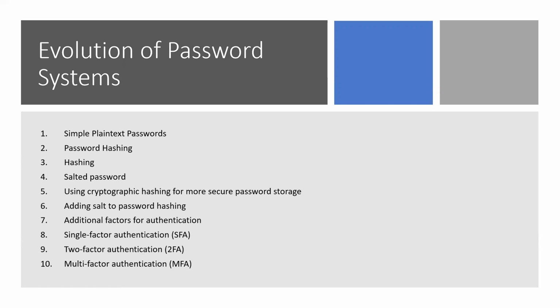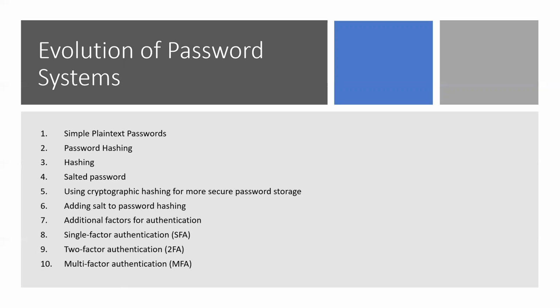And then the last, or the most latest password system that we use is the multi-factor, or MFA authentication. So it is a method of computer access control in which a user is only granted access after successfully presenting several separate pieces of evidence to an authentication mechanism.